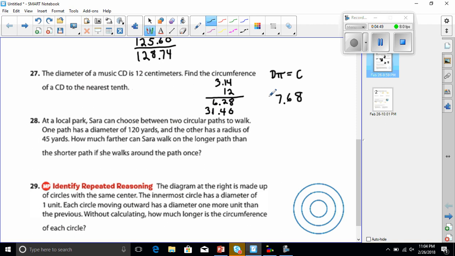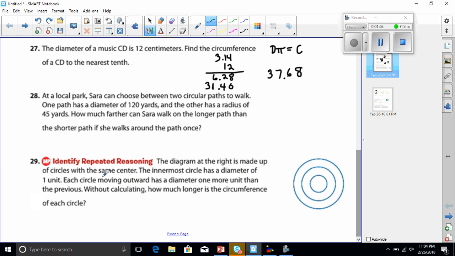And that'll give us 3. So the answer is going to be 37.68. All right, let's go ahead and knock out number 29. Identify repeated reasoning. Oh, wait a minute. They did say to the nearest tenth. Well, tenth is here. So we're going to have to go ahead and round this to 37.7. All right, almost got me on that one.